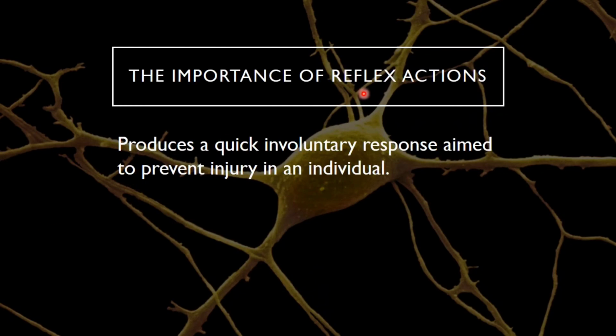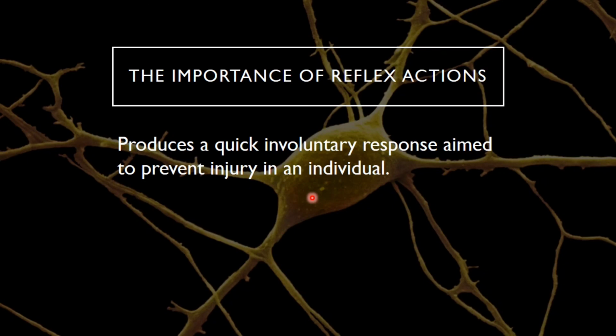Why are reflex actions important? Reflex actions produce a quick involuntary response aimed to prevent injury in an individual. Reflex action produces spontaneous responses without waiting for instructions from the brain.